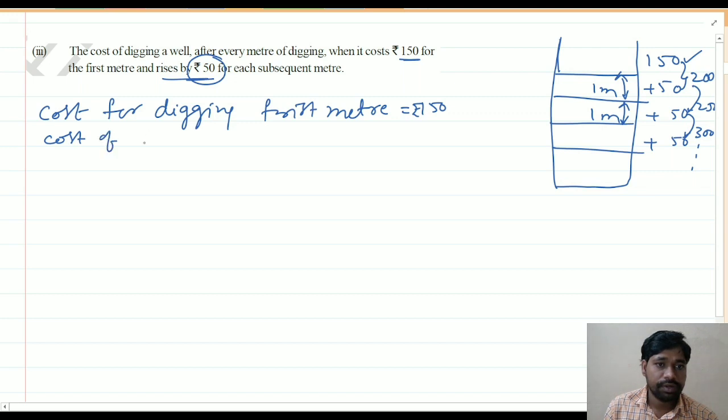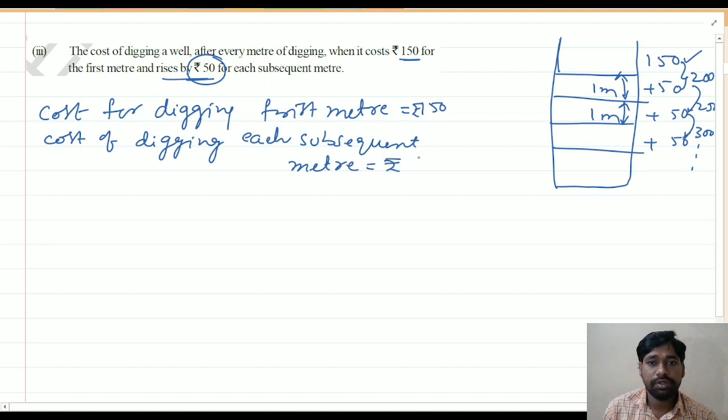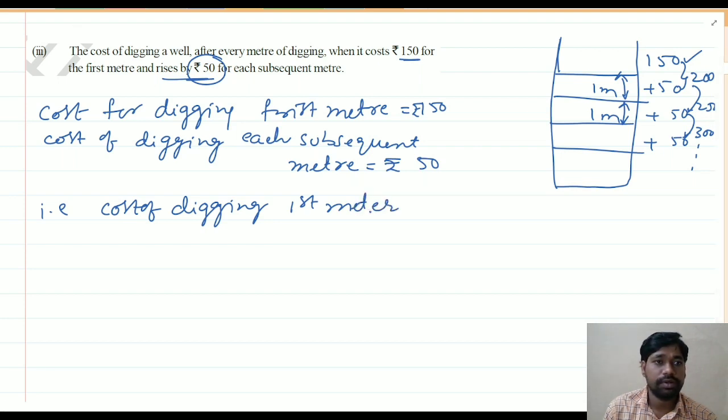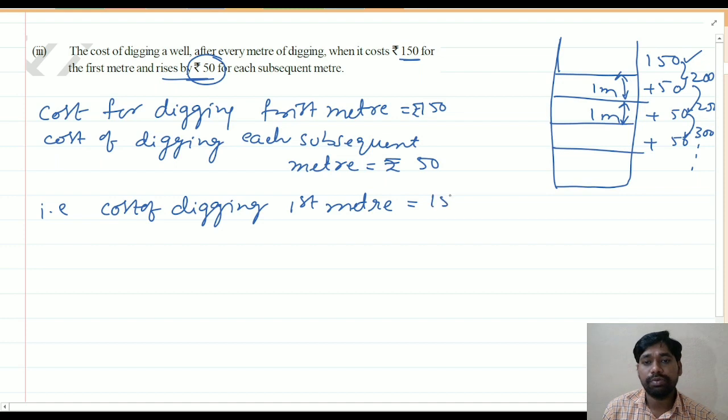So the cost of digging each subsequent meter is 50 rupees more. The cost of digging the first meter is 150.